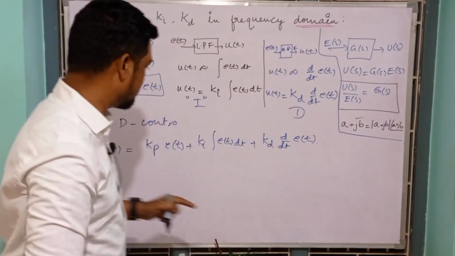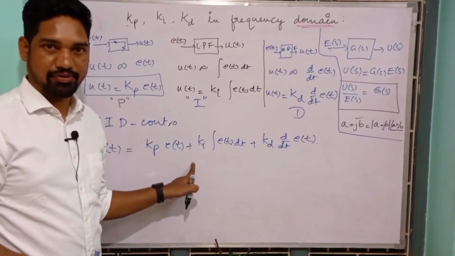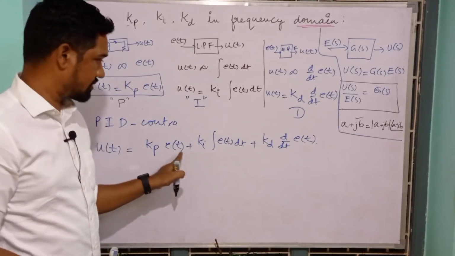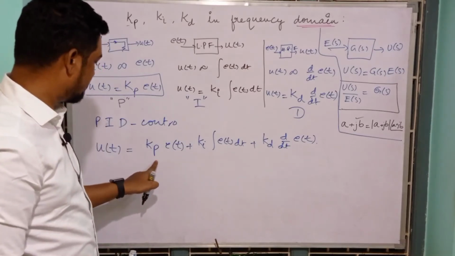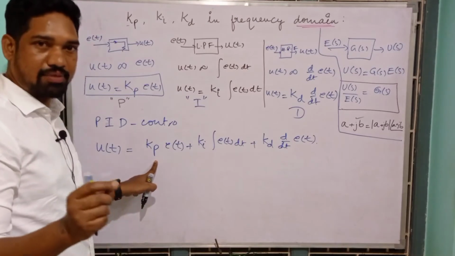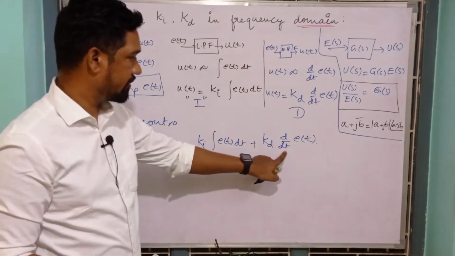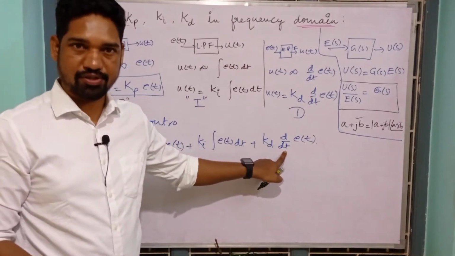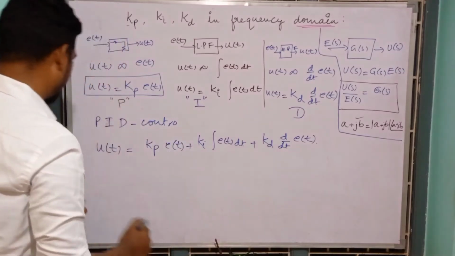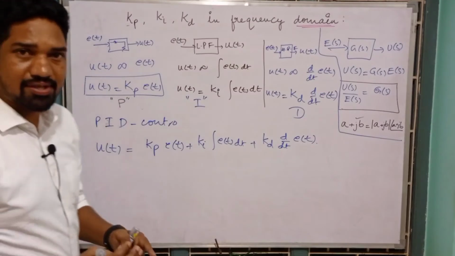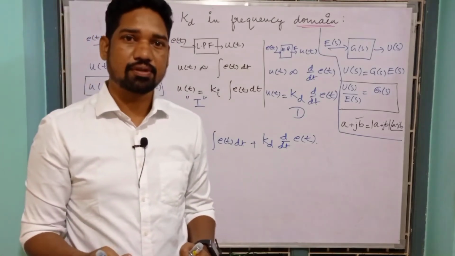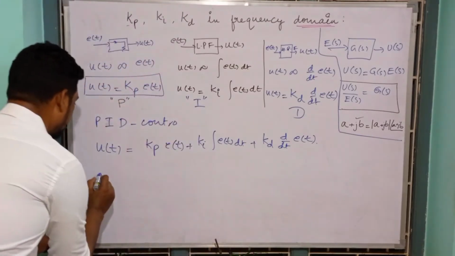So what to do? Consider the Laplace transform of the above expression. To go to the next step, you need the basic fundamentals, the Laplace transform of an integral function and of a derivative function, the properties of Laplace transforms, right? So guys, the Laplace transform of x of t will be x of s, and of u of t will be u of s.